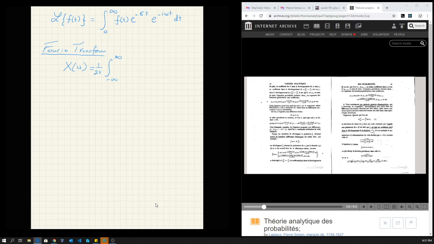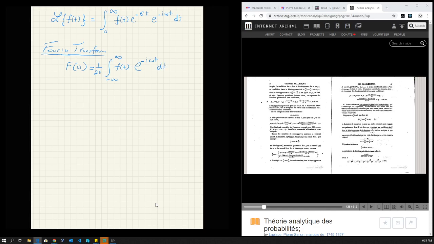Typically we use x, but I'm going to use f just so you can clearly see the comparison. So let me remove this here, make that tiny, like that, capital F of omega. All right, so here's what the Fourier transform basically does. It takes the function f of t and multiplies it by e to the negative i omega t dt.